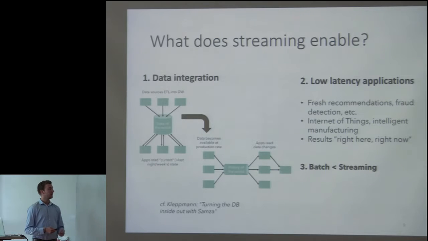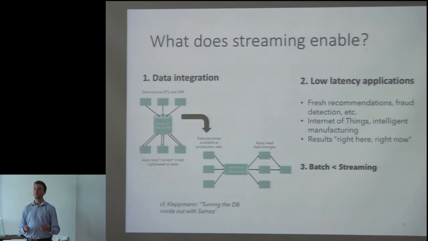Stream processing turns this into another pattern by, instead of periodically updating our state, we will continuously update it as new data becomes available. So instead of storing the state of the world in a database, we will store the history of the world in a streaming system and continuously update our current state as new data flows in.